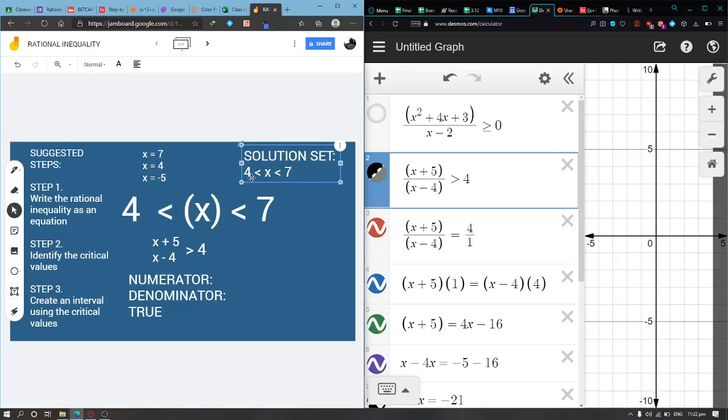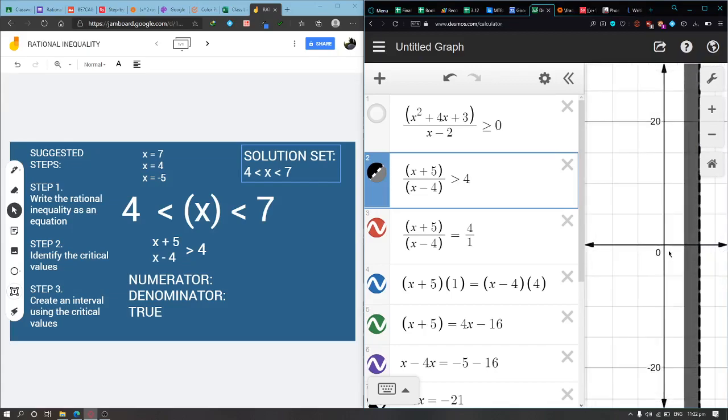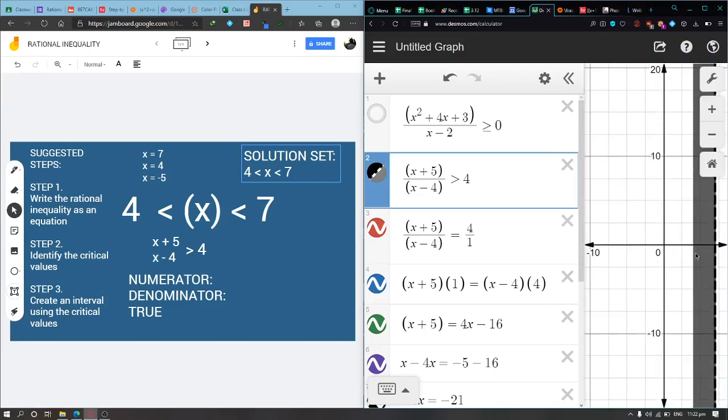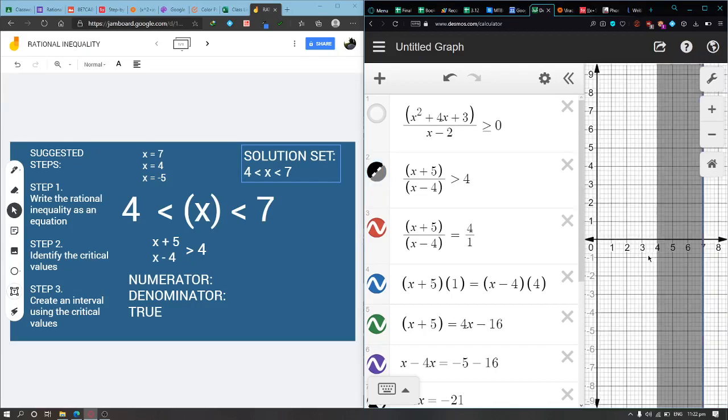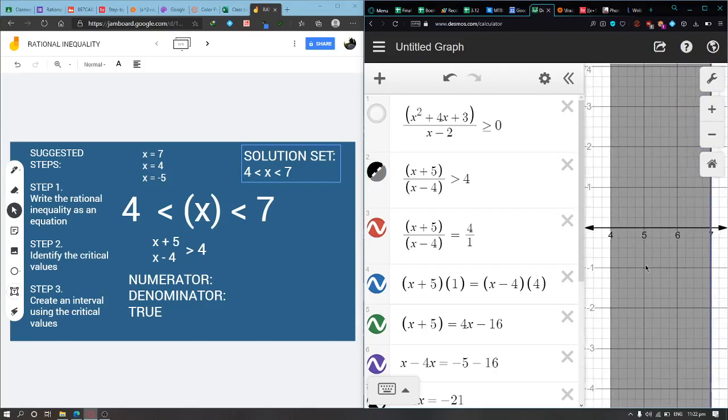So any number greater than 4 and less than 7 is our answer. So to check, let us look at our graph here. We said, any number between 4 and 7. So let's see if the shaded part is between 4 and 7. So yes, the value of x, which is the horizontal line, is only from 4 up to 7.